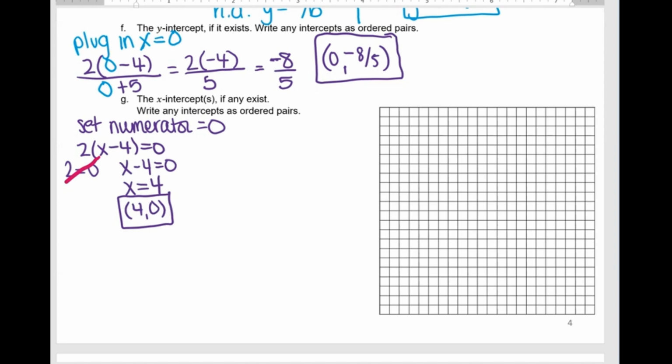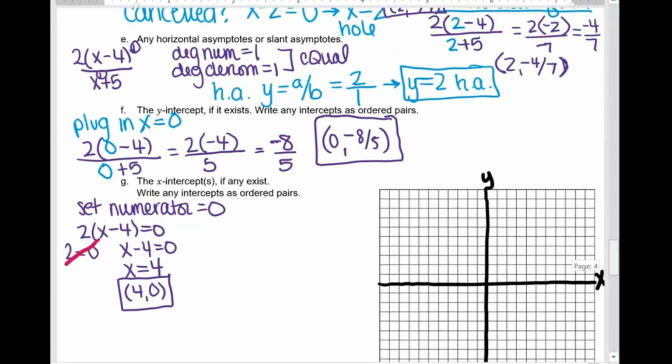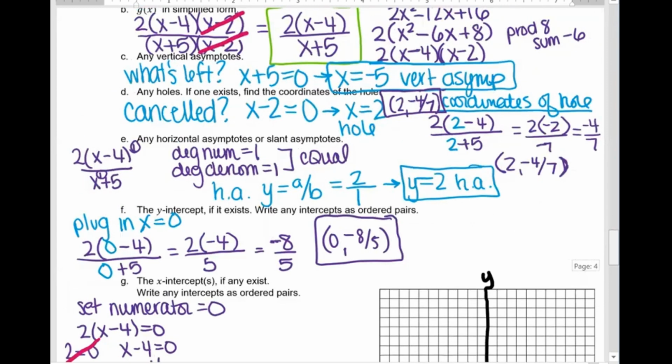Now that we've done all this work, we can go ahead and graph. Here, my coordinate plane does not have any axes, so I'm going to start by labeling my x and y axes. After I do that step, I need to graph my vertical asymptotes, if any exist.